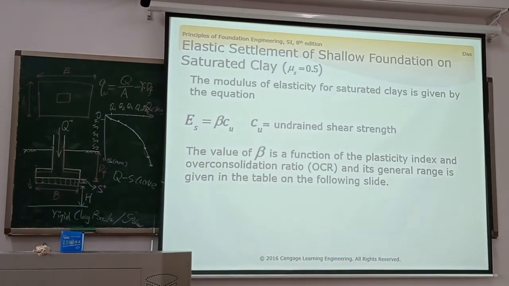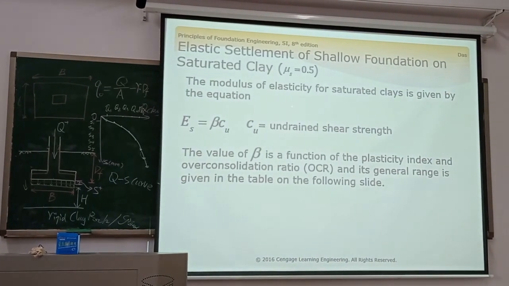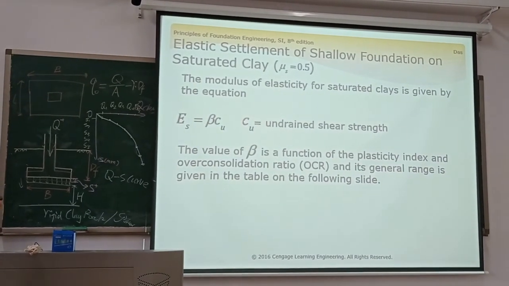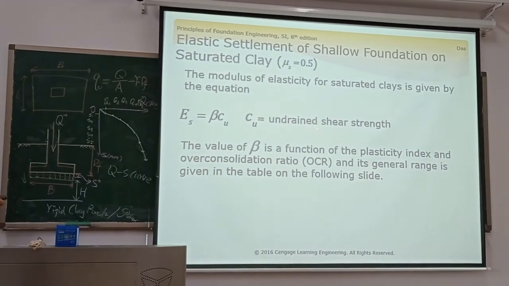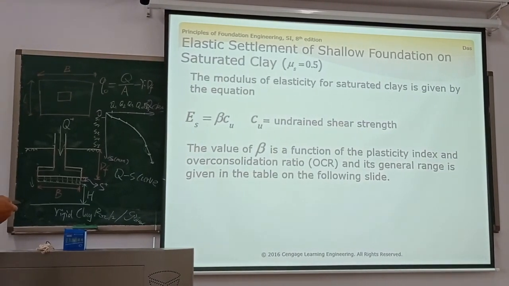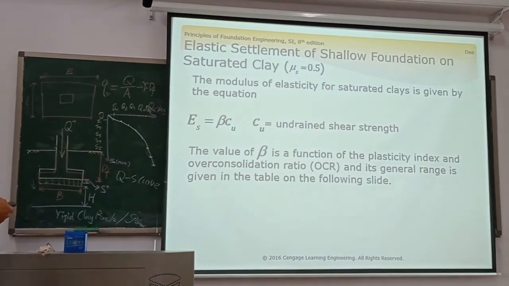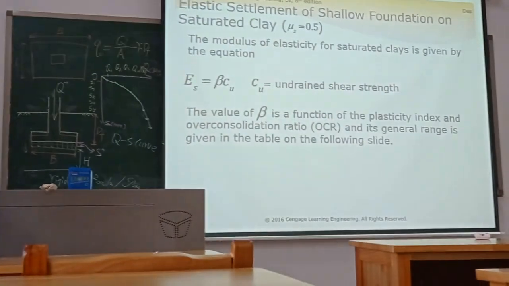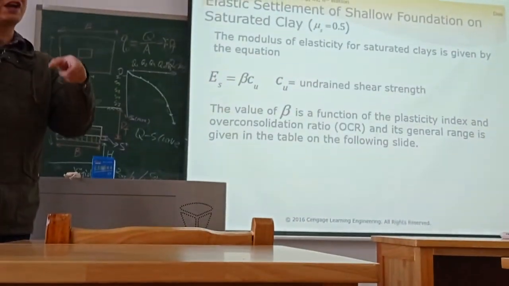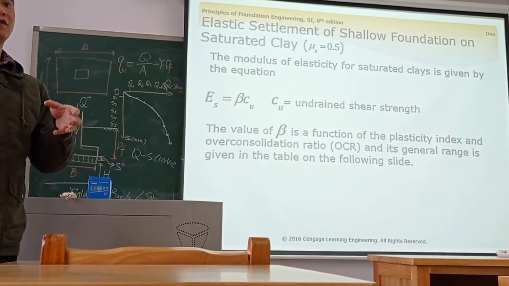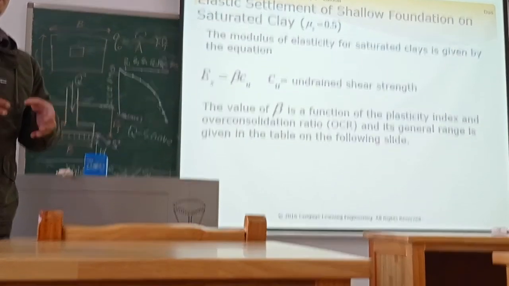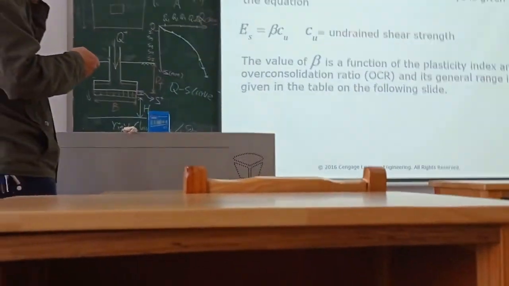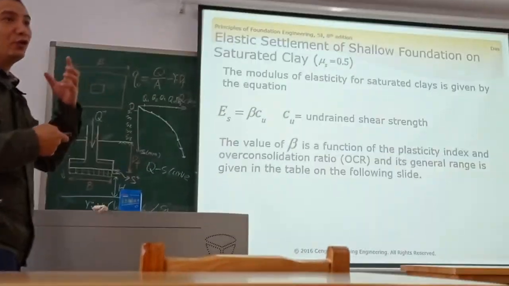The modulus Es of the elastic clay is given by the equation. So in this equation, Cu is the undrained shear strength, obtained from the triaxial test.